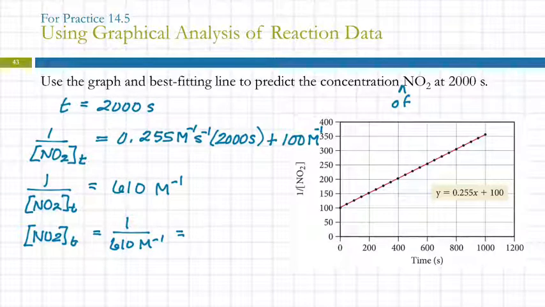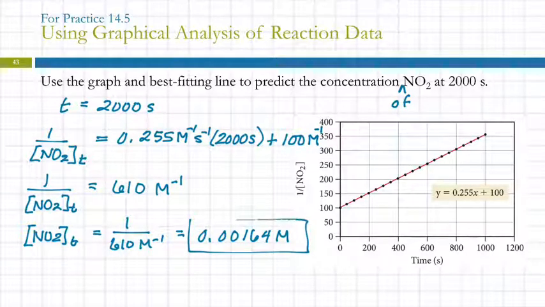There's different ways you can do that on your calculator. 0.01639344. Probably 3 significant figures is good here. Molarity, moles per liter. Any questions? I'm just using the equation of a line.